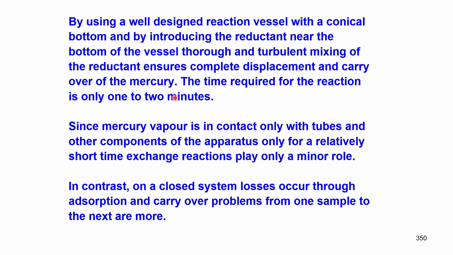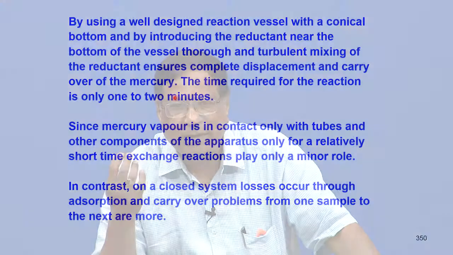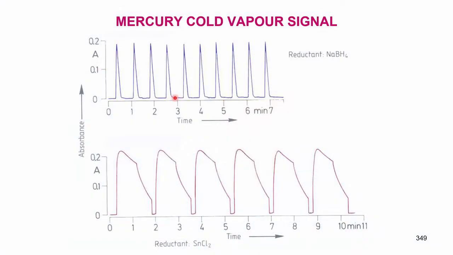This is also very important in an atomic absorption method. The time saving is most important. The whole measurement should be over within a few minutes, maximum 1 or 2 minutes, maybe a few seconds, maybe 30 or 40 seconds. Whenever you are doing integration, you have to do it for a longer time, because the signal will not come to baseline.